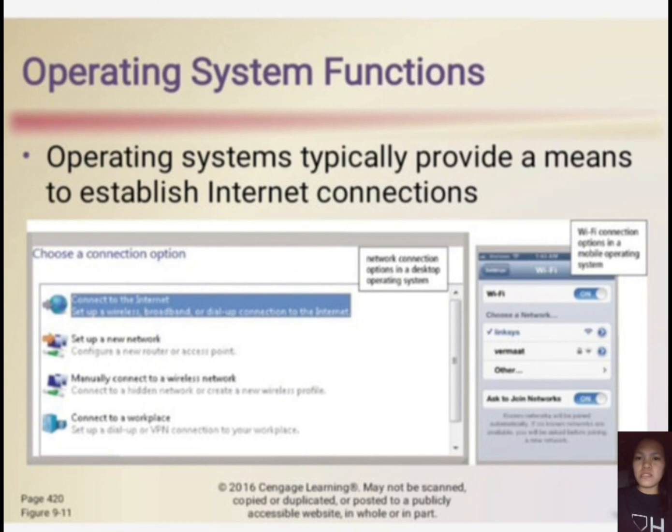Operating systems typically provide a means to establish internet connections through various methods, including dial-up, broadband, wireless, and Ethernet connections.